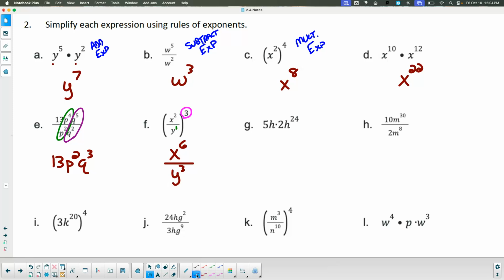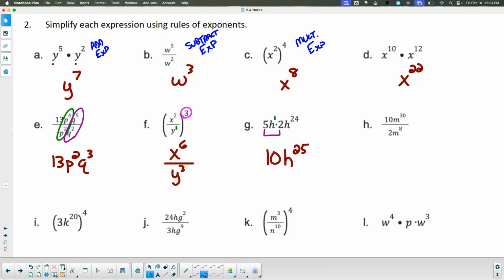When we have 2 numbers out in front, we can just multiply those coefficients together. That would get me 10. Then h here has a 1 for an exponent. And so now it's like letter A and letter D, and I add those exponents. So this would be h to the 25th power.